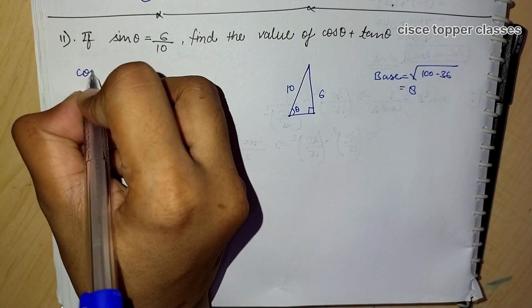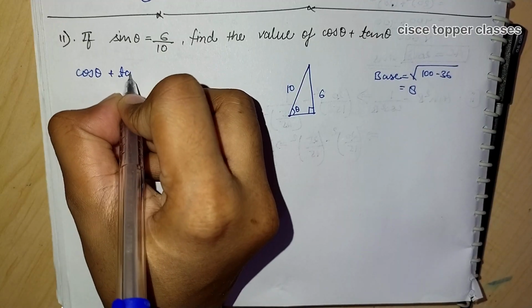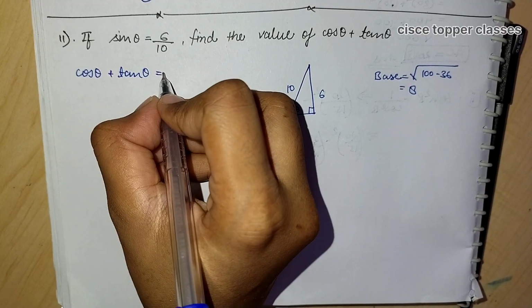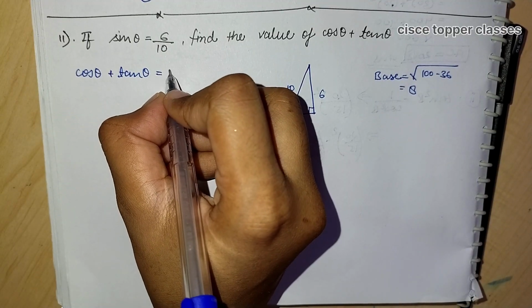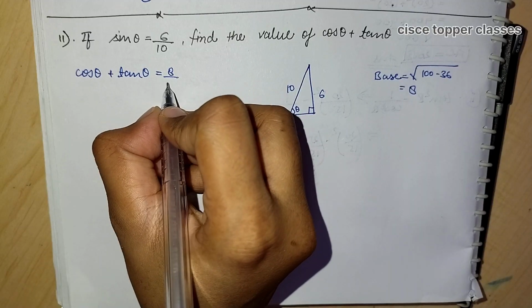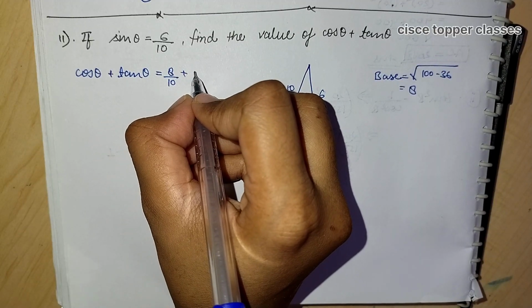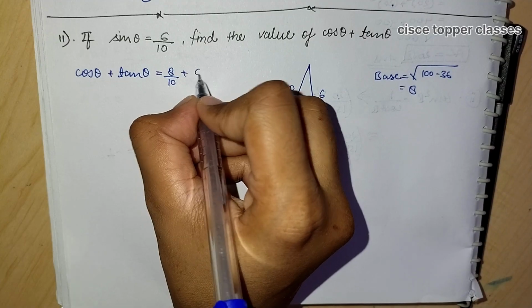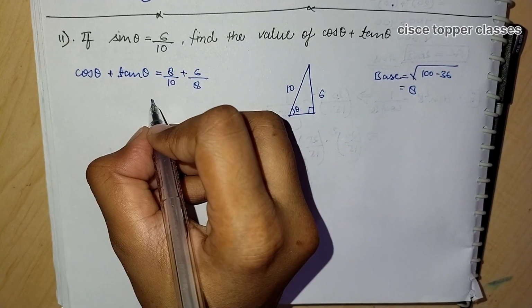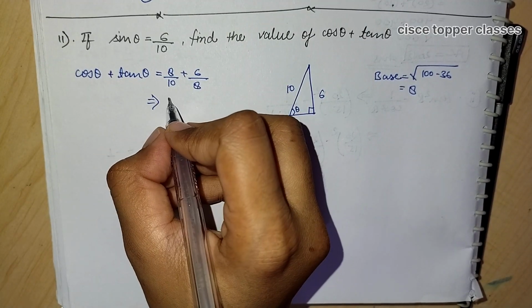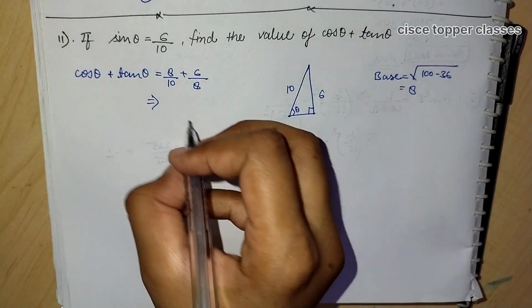And cos theta plus tan theta, so this will be base by hypotenuse, means 8 divided by hypotenuse 10, plus height by base. So this will be, height is here 6 and base is 8. So if we add this, we will get the value of the answer.